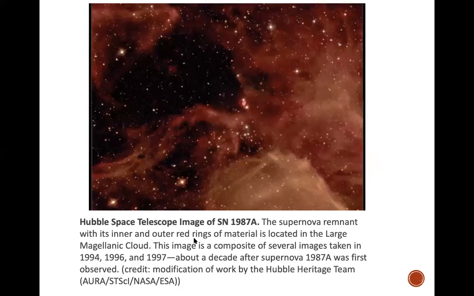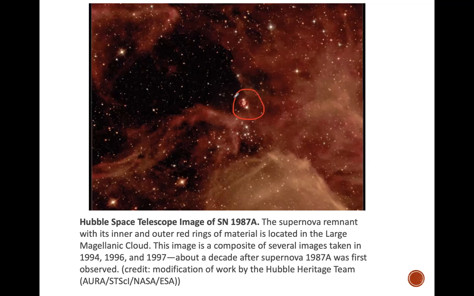Now, that's about the supernovas within our galaxy, but there are supernovas that we have observed very recently that are not in our galaxy. This is one of the supernovas that we have observed, and this image is from supernova 1987A. As the name suggests, this was observed in 1987 for the first time, and this image is from the Hubble Space Telescope.